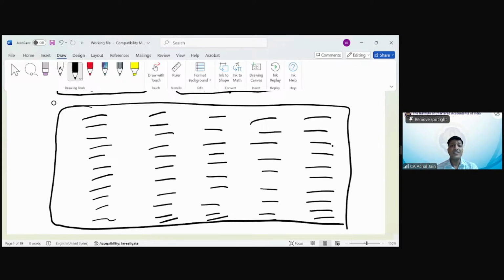So one can always say that the auditor will get to know on the basis of the sampling technique, on the basis of the sample. Of course, yes. But the point is that the samples which get selected have to provide sufficient audit evidence. Means the number of samples which are going to be tested should be sufficient.